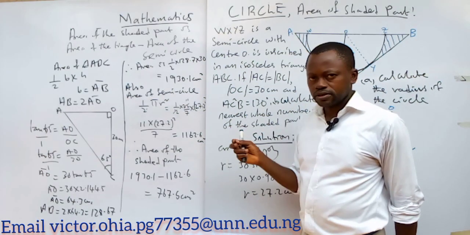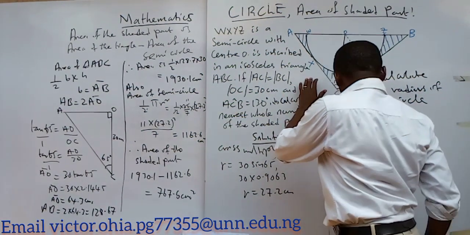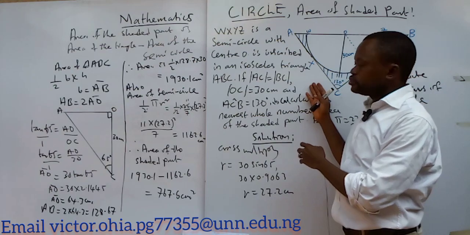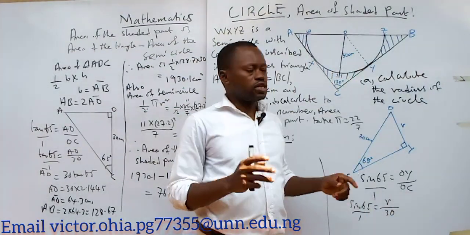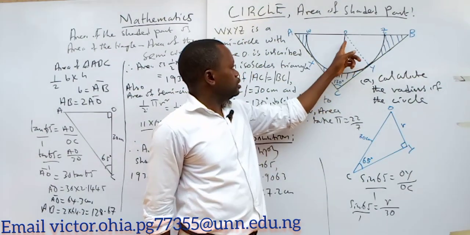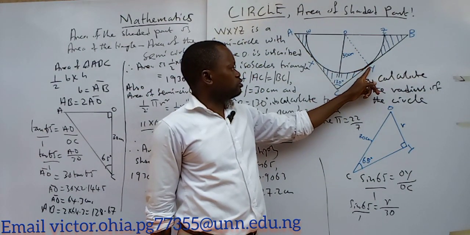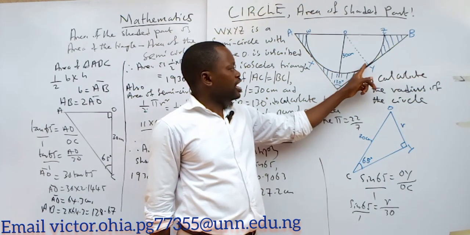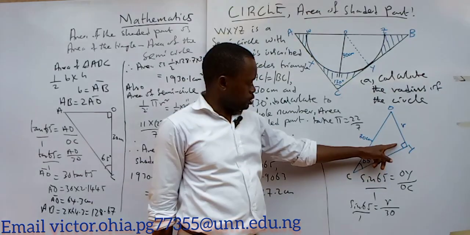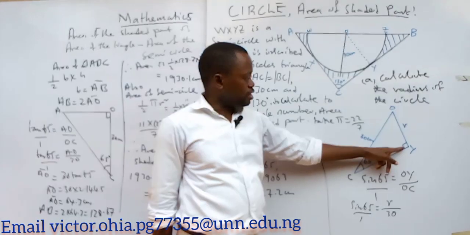So what are the steps that we followed in handling this problem? Remember, I explained to you that any line drawn from the center of the circle, which is perpendicular to a tangent, is at right angle to it. So that helped me to extract this triangle to be right angled here.